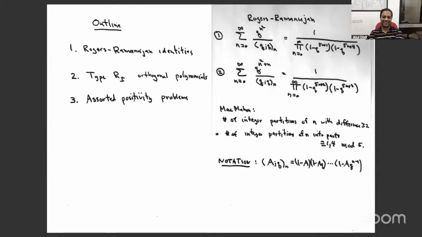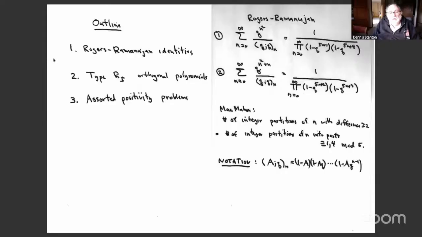Yeah. So here's an outline. My first topic is going to be some open problems with Rogers and Ramanujan identities. Then I'm going to talk about type 1 orthogonal polynomials. And finally, at the very end of the talk, we'll just have a sorted probability, positivity problems.